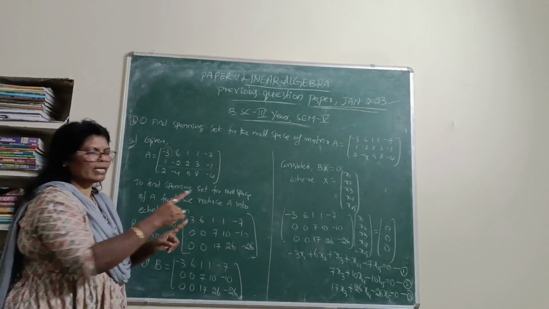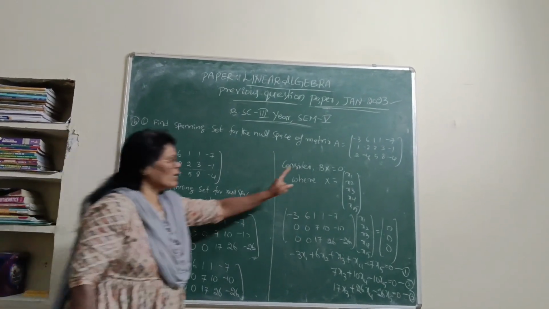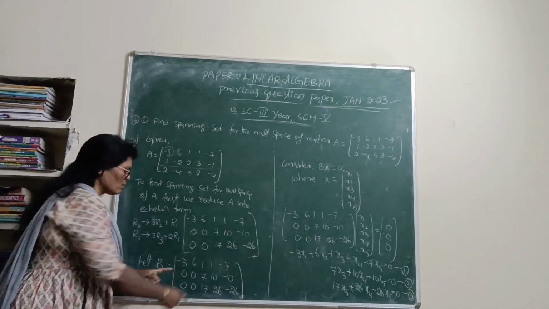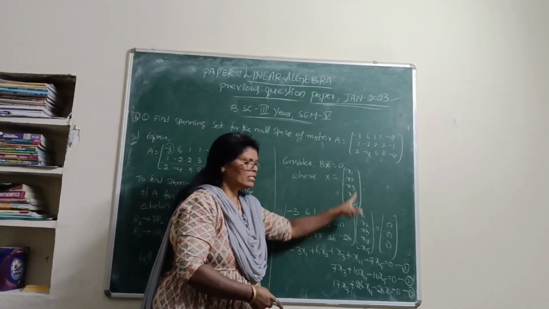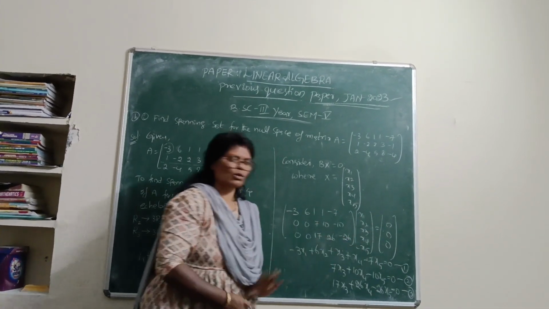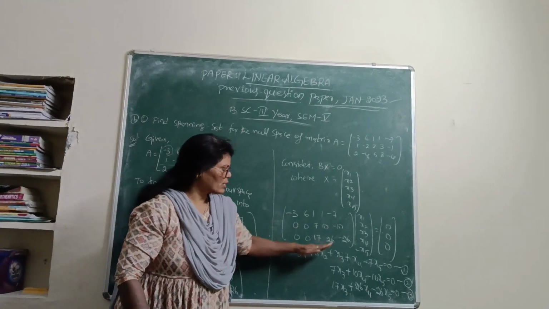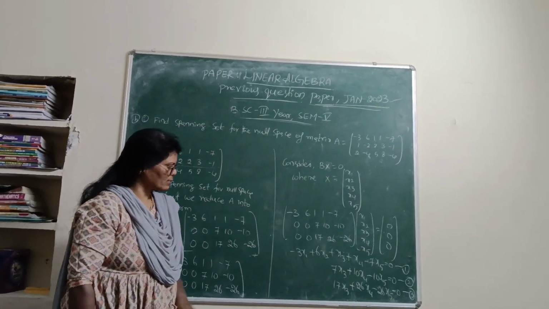So Bx equals 0 means this matrix B times x is equal to the zero matrix, 0, 0, 0, because there are 3 rows, so we take 3 zeros column-wise.